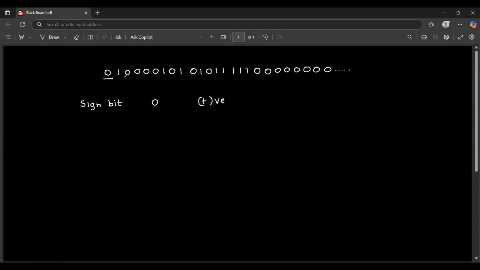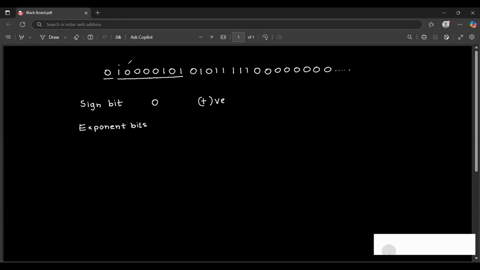Great. Now we have to look at the other 8 bits. Since this is a 32-bit representation, 8 bits are allocated for the exponent. So what is the number represented by the exponent bits? Well, it is 128, no 64, no 32, no 16, no 8. There is a 4, there is a 1. So it is 133.